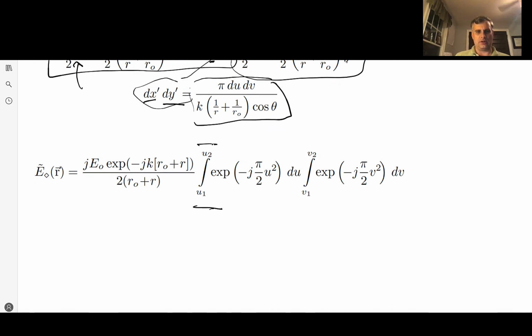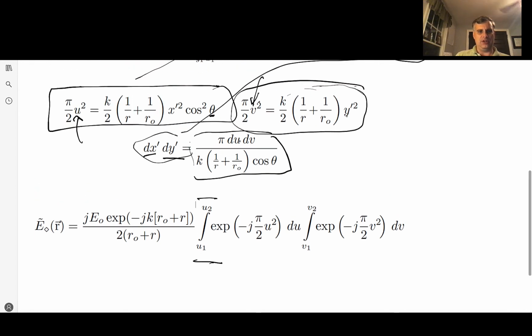So what I would need to do is to substitute x1 and x2 to get my u1 and u2 limits. And then I'd have to do the same thing in y. So that part's a little bit tricky, but the remainder is actually pretty interesting.